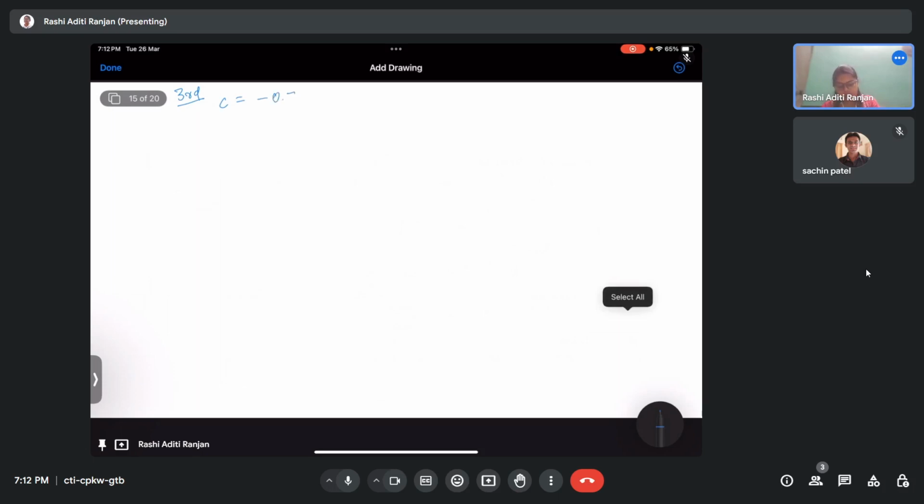Minus 0.75 minus 1.125 divided by 2, which would give me minus 0.9375. Now, if I compute the value of the function at this point, it would come out to be minus 0.246, which is again negative.